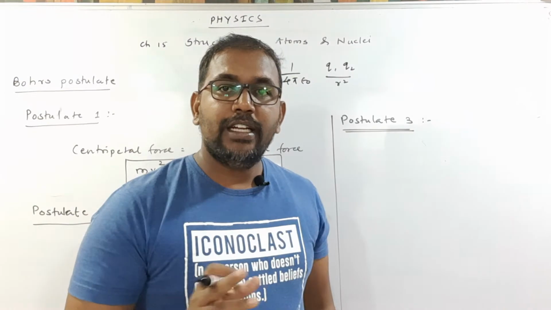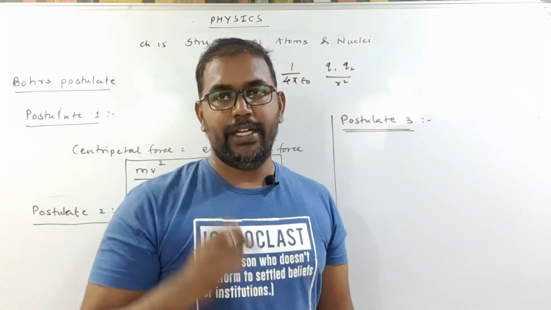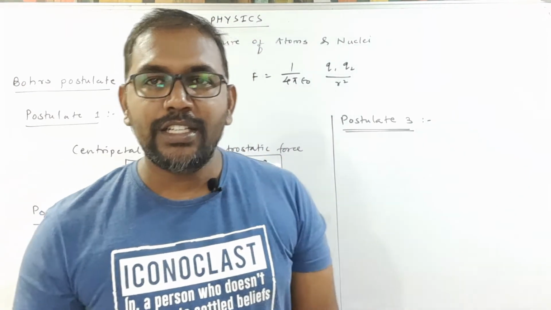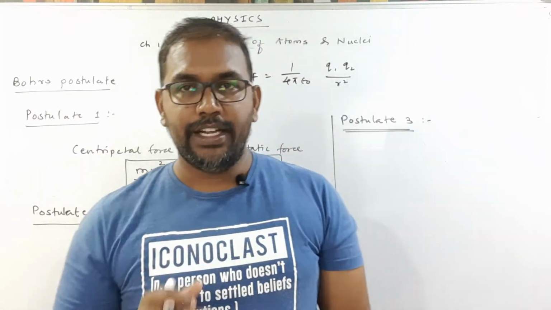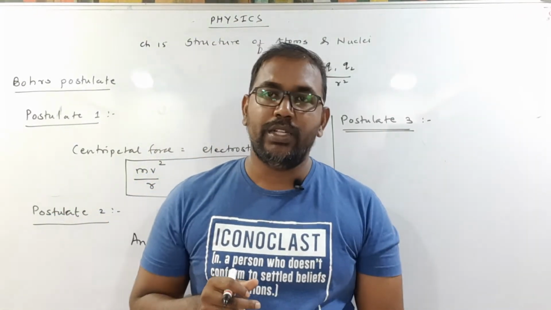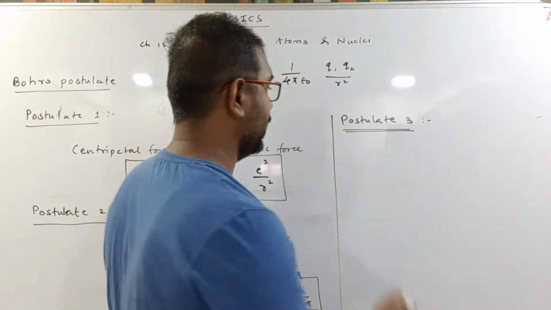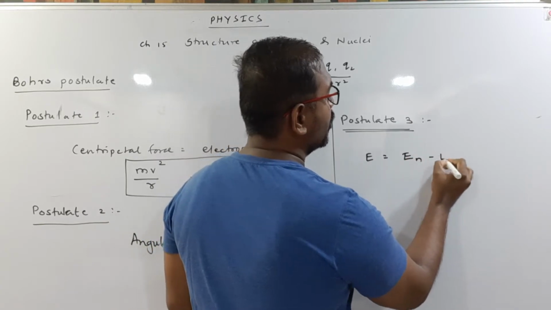Electron radiates energy when it jumps from higher energy orbit to lower energy orbit in the form of photon, and the energy radiated, you remember this, is equal to the difference in the energies of two orbits.